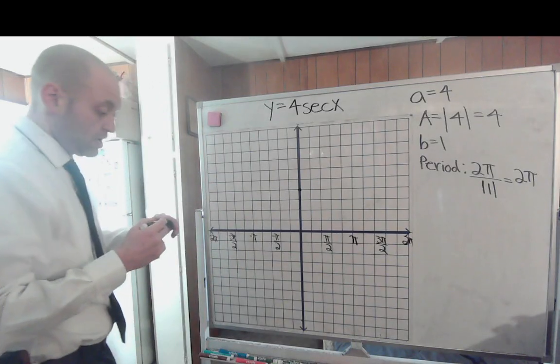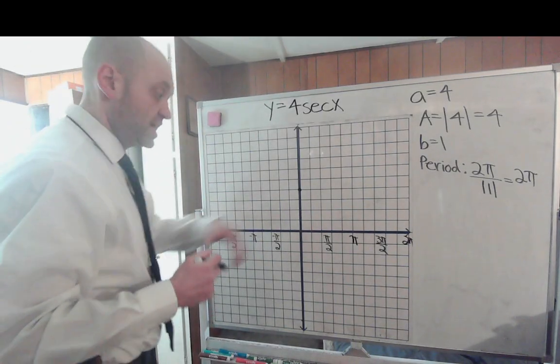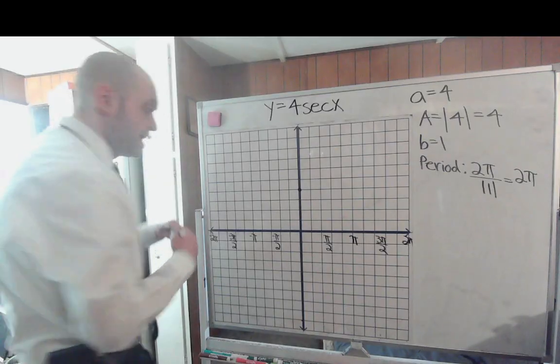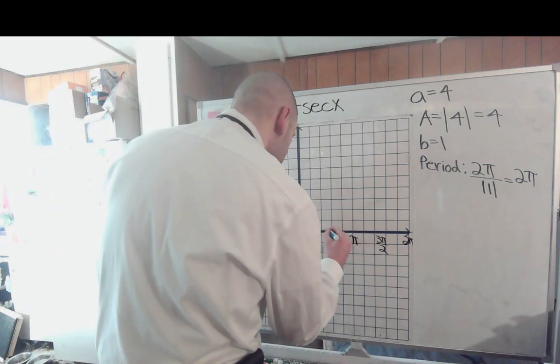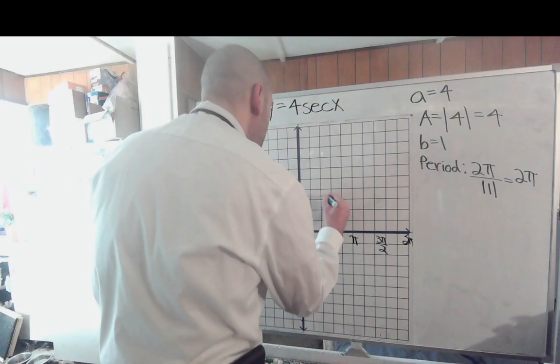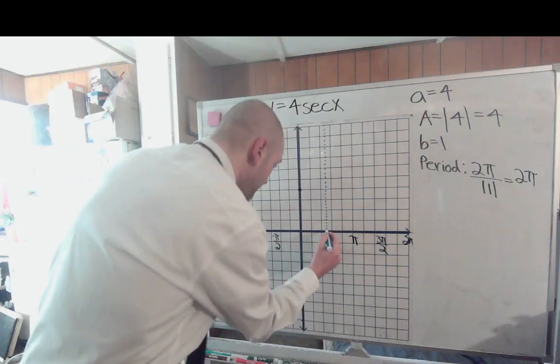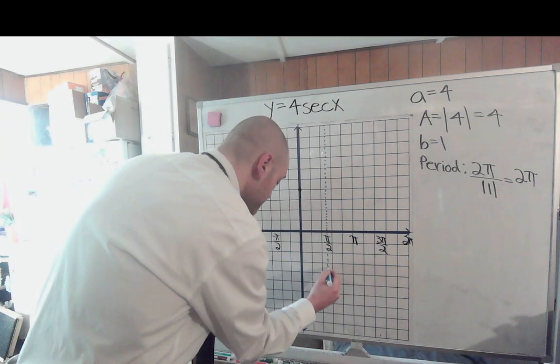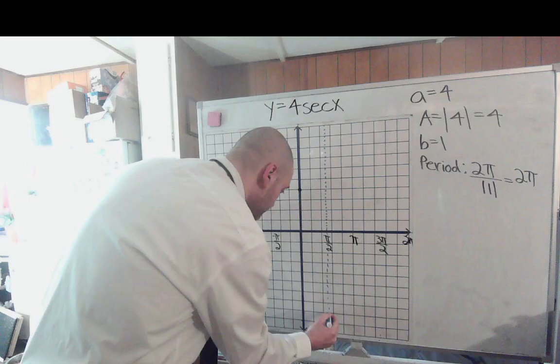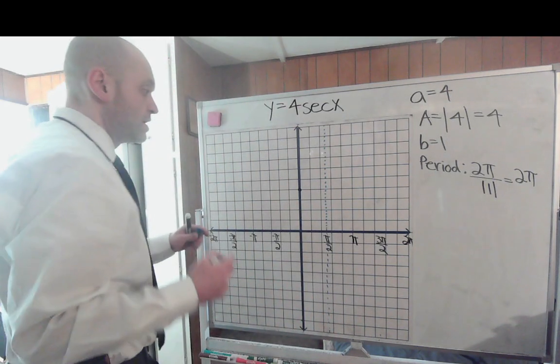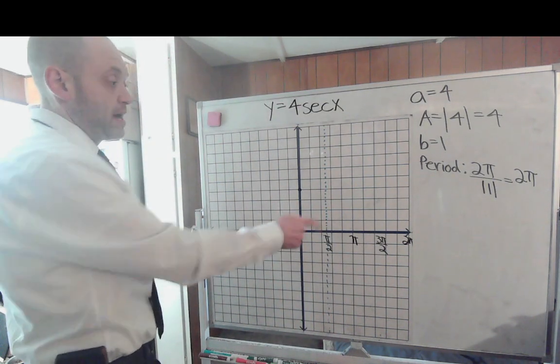Now, at pi over 2, secant is undefined, so we have an asymptote at x equals pi over 2. All right, now what about at pi?